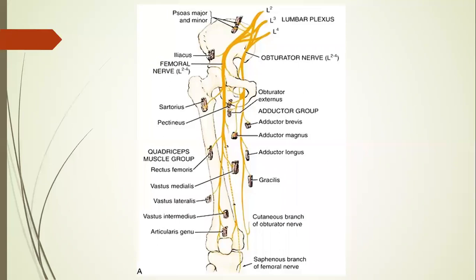In the case of the obturator nerve, we just modify this sentence by one word: the root value of the obturator nerve is the anterior deviants from the second, third, and fourth lumbar spinal nerves. Anteriorly for obturator, posterior deviant for the femoral nerve.